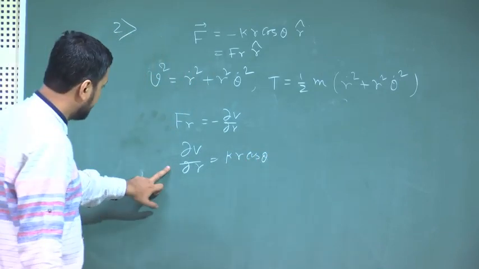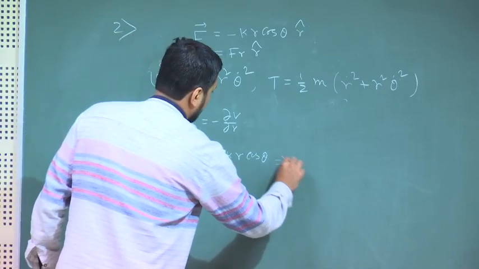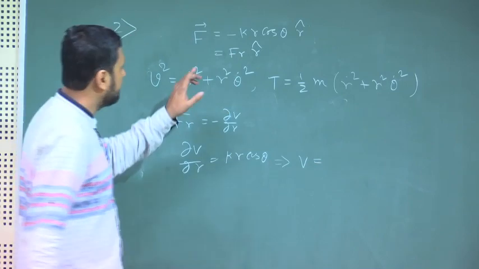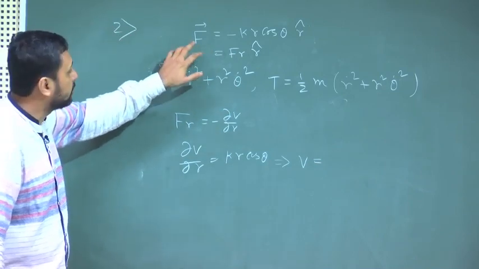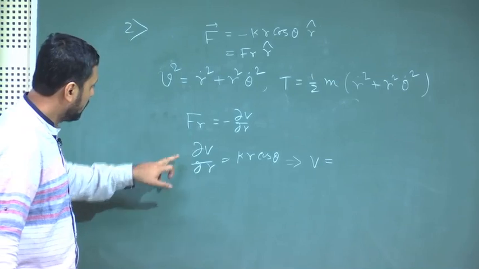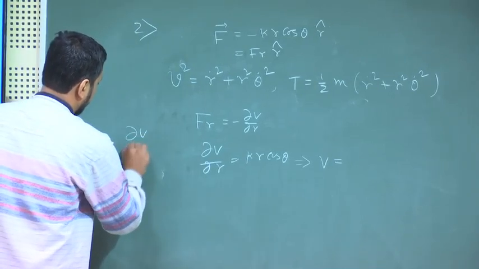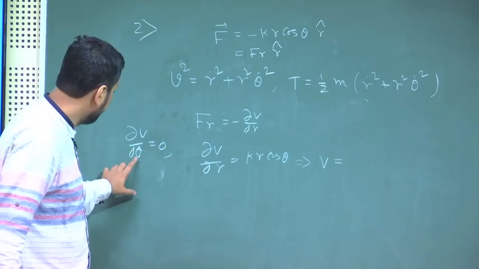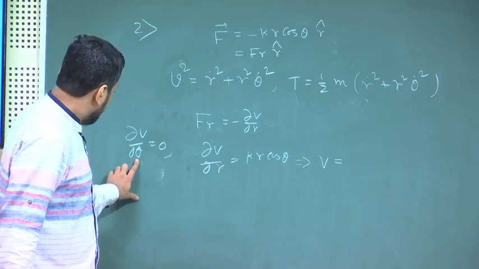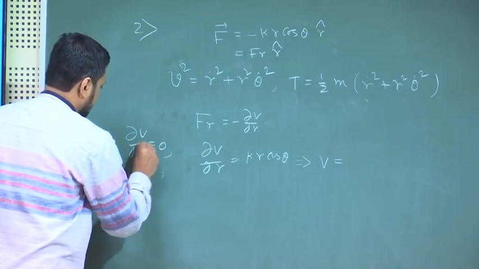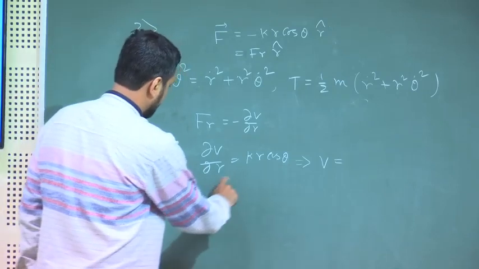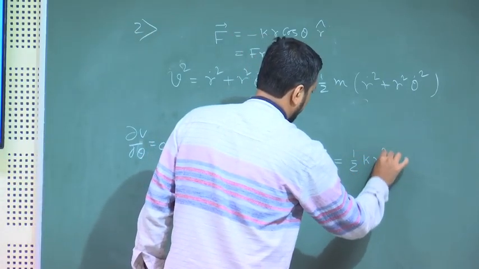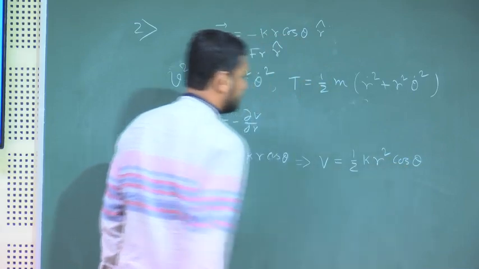Now, because it is a partial derivative, the form of V can be predicted directly, and please remember that the total force is given in terms of only one component. So, we can assume that del V del theta is equal to 0, which is a valid assumption because there is no force in the theta direction. If we integrate this, we will get half k r square cos theta.